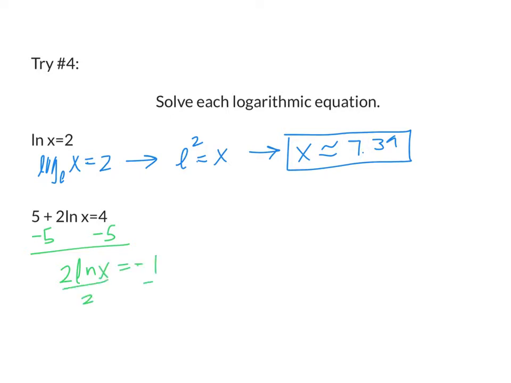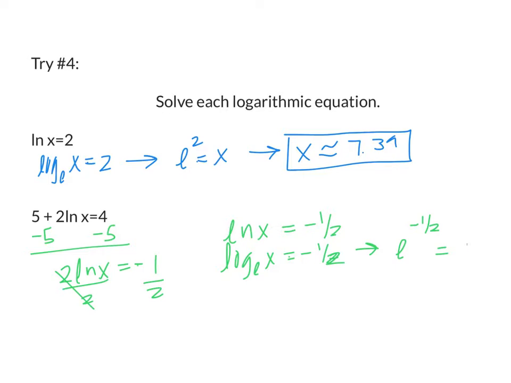Then I need to divide by 2, and I would get that the natural log of x is equal to negative 1/2. Again, I want to rewrite natural log of x as log base e of x. So this is really log base e of x equals negative 1/2. If I write that in exponential form, we would get e to the negative 1/2 equals x. And that, again, we can type into our calculator, and we would get that x is about 0.61.